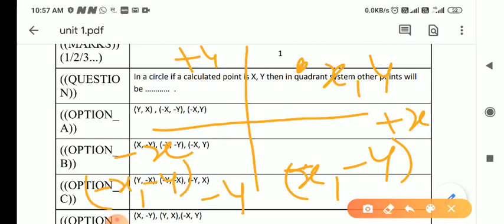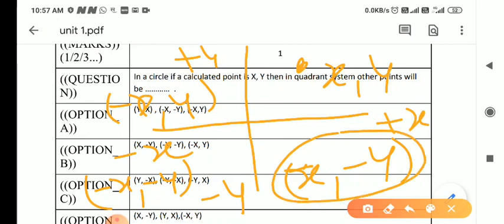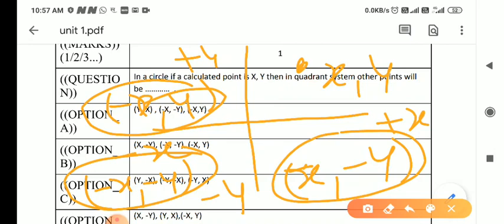In this case x is negative, minus x comma plus y. So we can see these values are possible. So in a circle, if the calculated point is xy, then the other points will be x comma minus y, minus x minus y, and minus x y. So this will be the point.